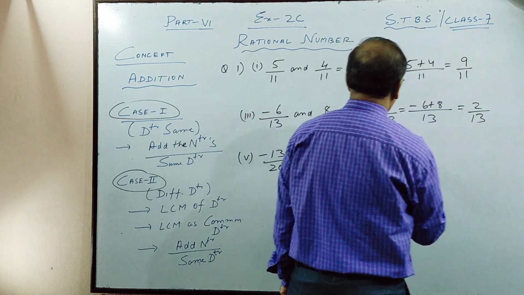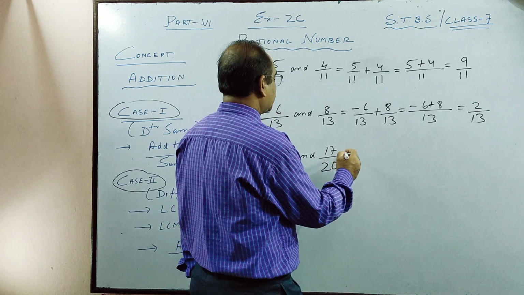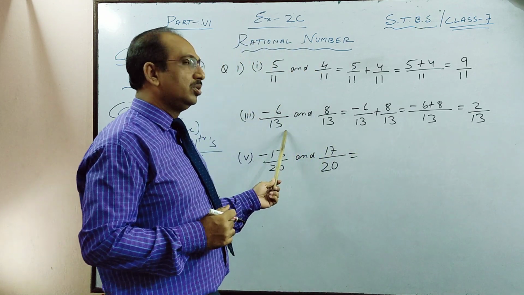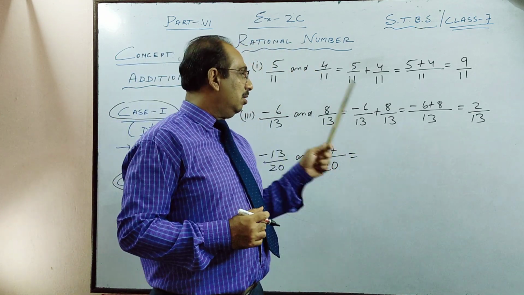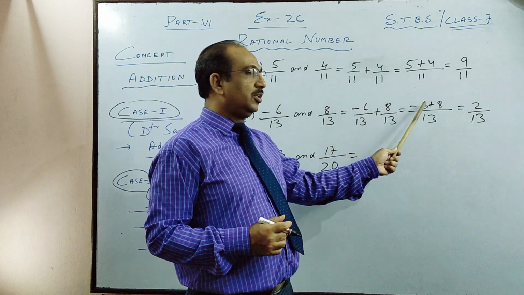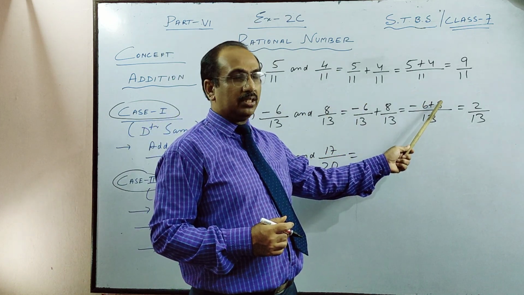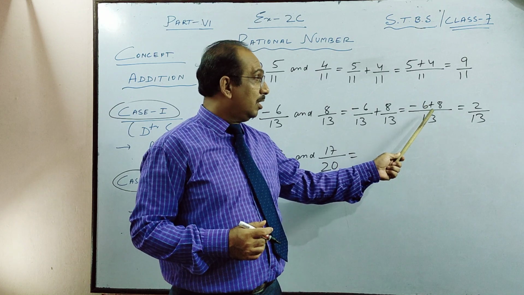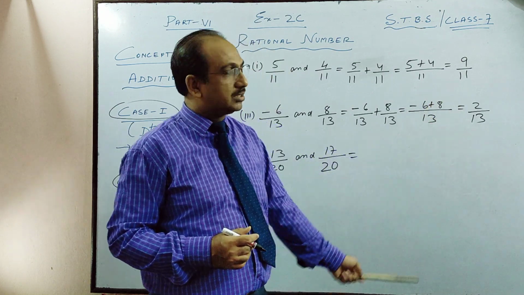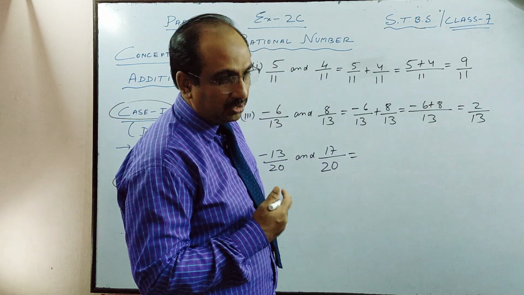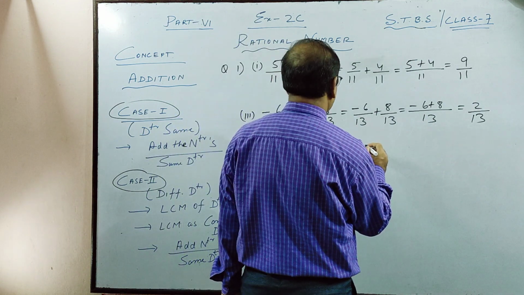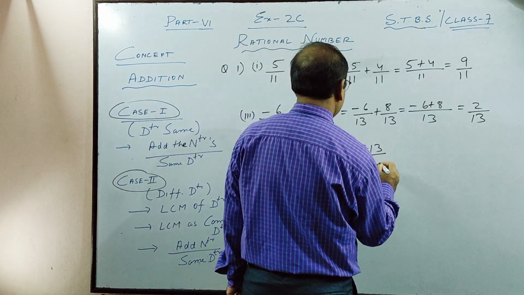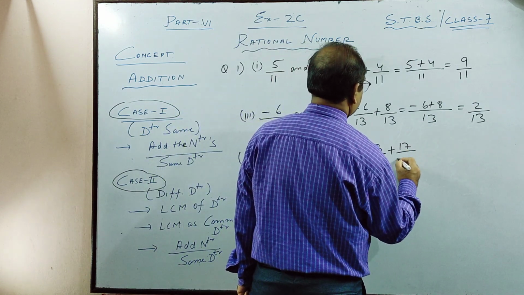So 8 is bigger, subtract 8 minus 6, put the sign of the larger, plus. We don't write the plus sign because when no sign is there, we assume it is plus.